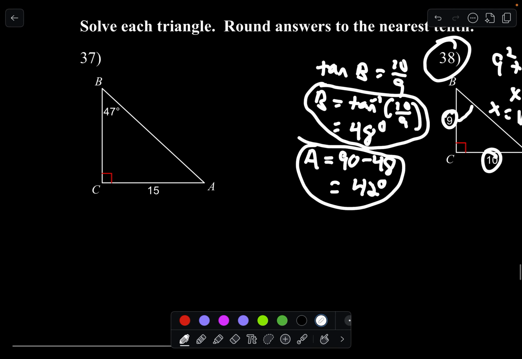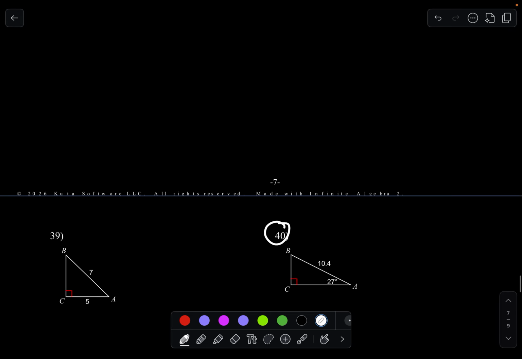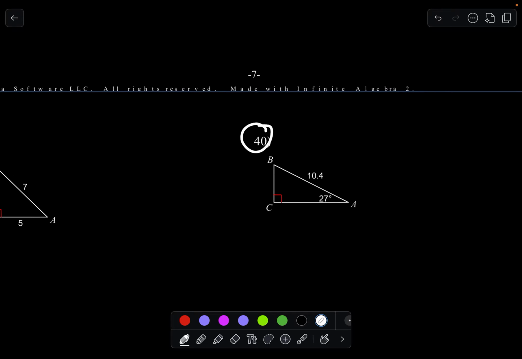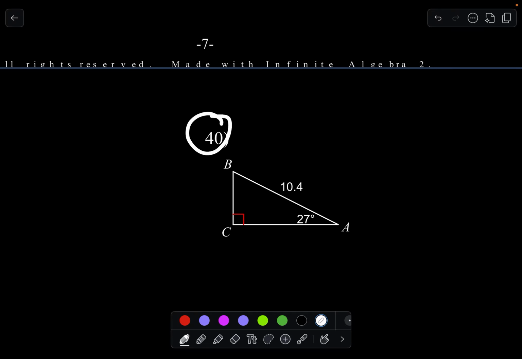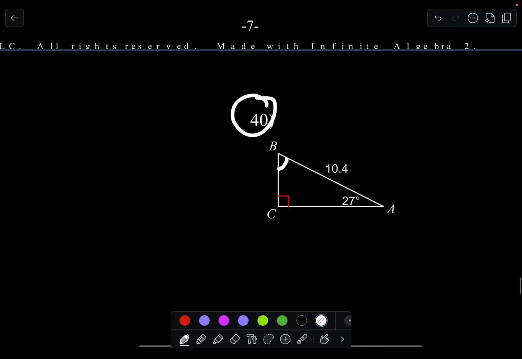Okay, pretty straightforward. Try to use tan inverse. I like tan. When you have to use sine or cosine, you always have to know what the hypotenuse is. Now, like on 40, where they give you the hypotenuse, to find the other sides, first thing you should do is realize that angle B is just going to be 90 minus 27.